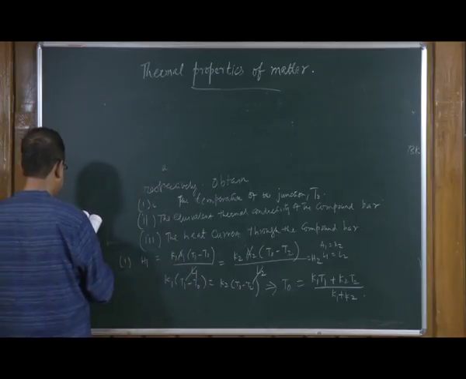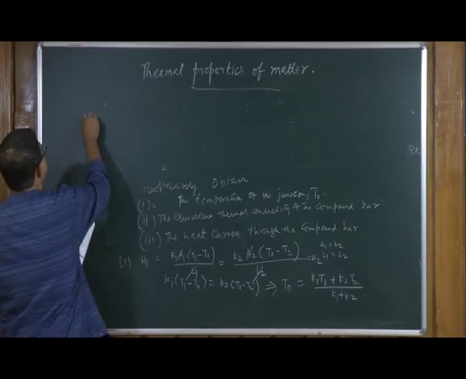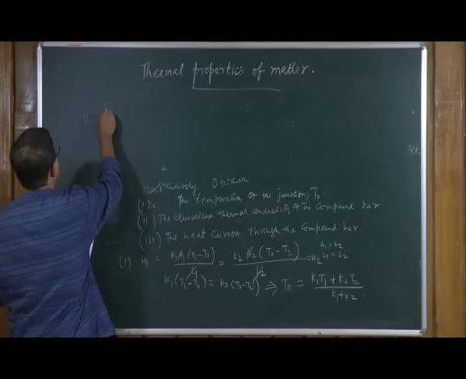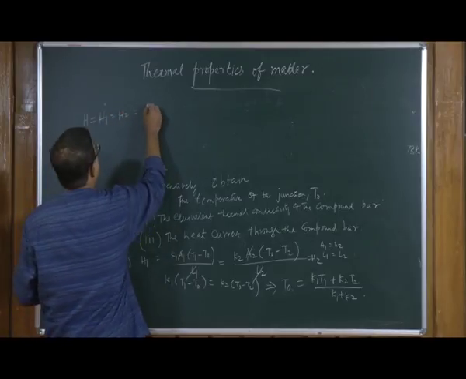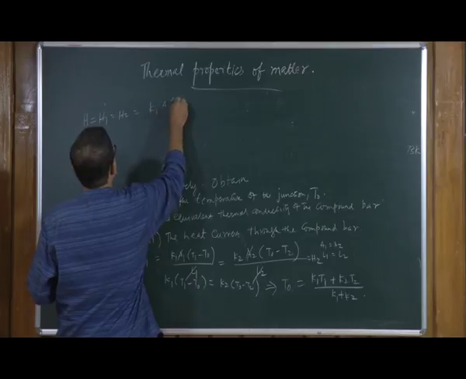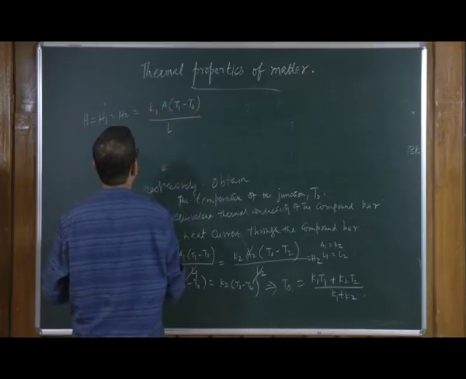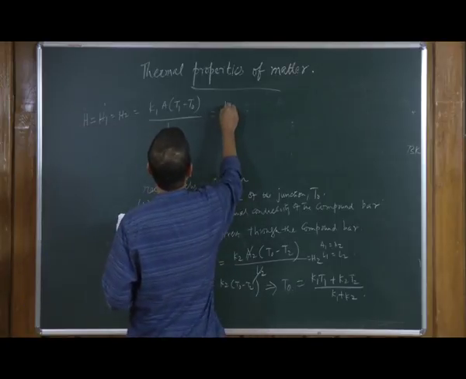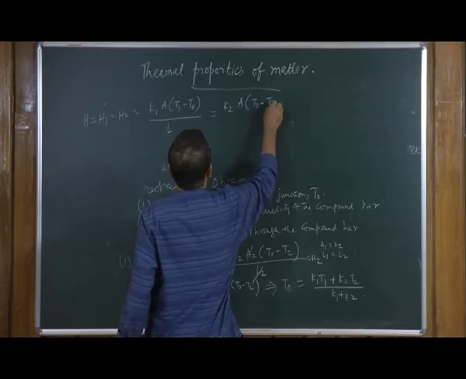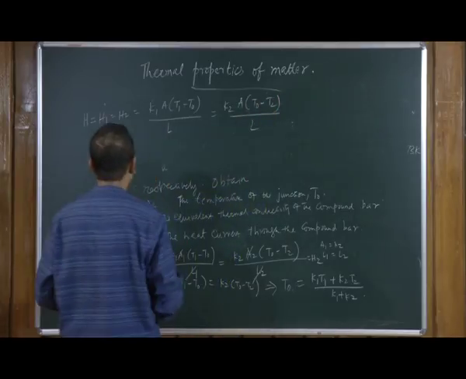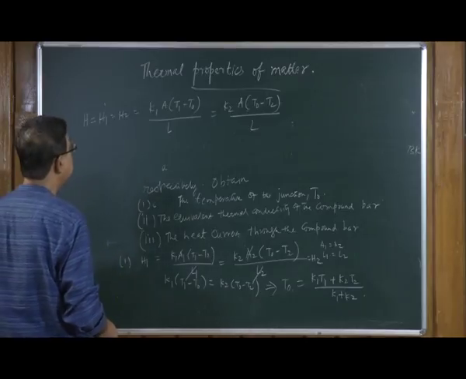So, if you take it as a compound bar, then my H, which is equal to H1 equal to H2, is equal to K1 A (T1 minus T0) divided by L equal to K2 A (T0 minus T2) divided by L. And so, this is my heat flow.